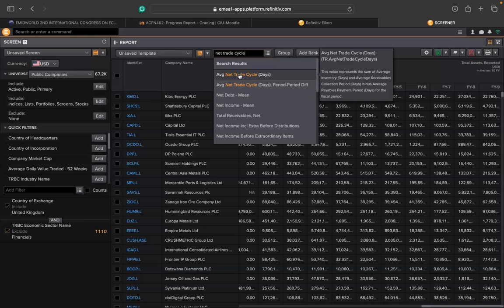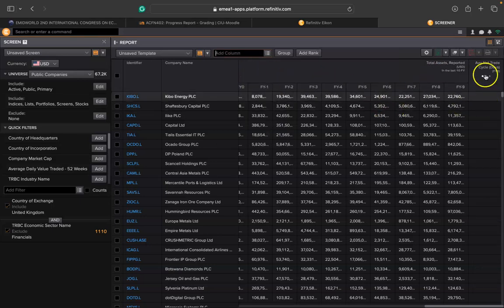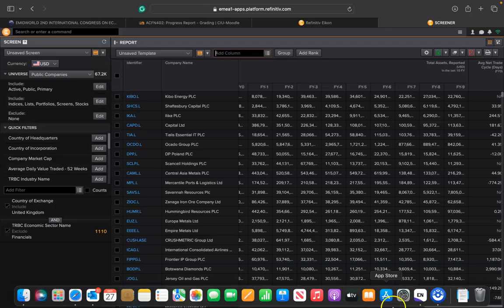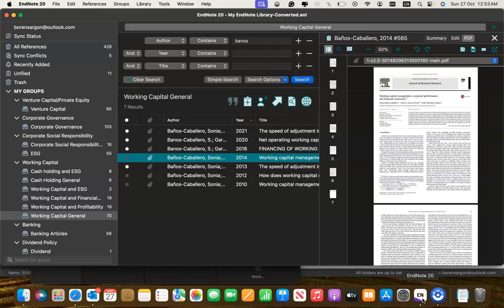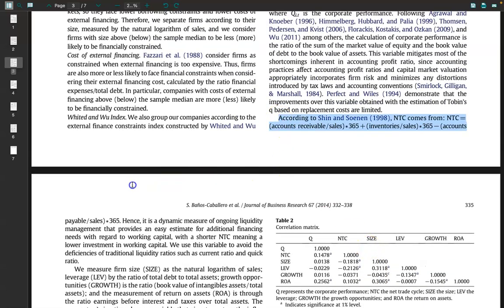So actually, what we have over here, average net trade cycle days, okay, is exactly this formula that we constructed over here. So we don't have to calculate for it.